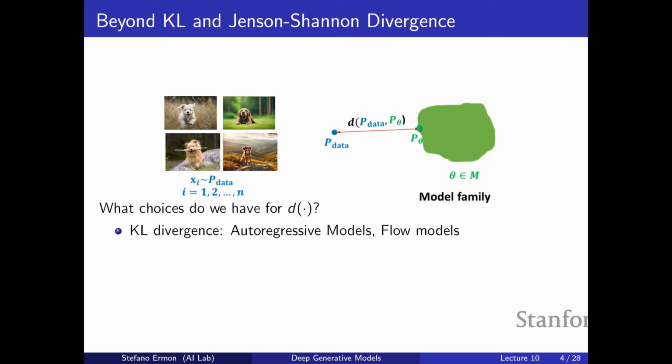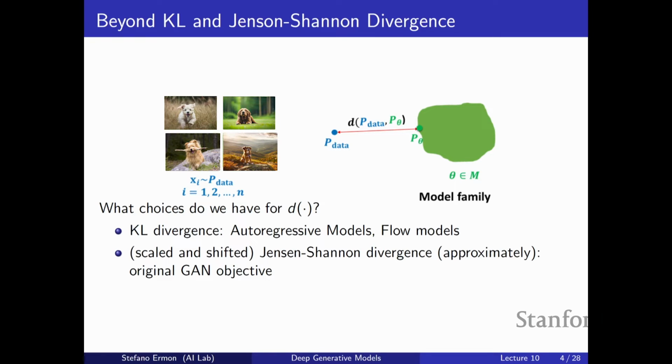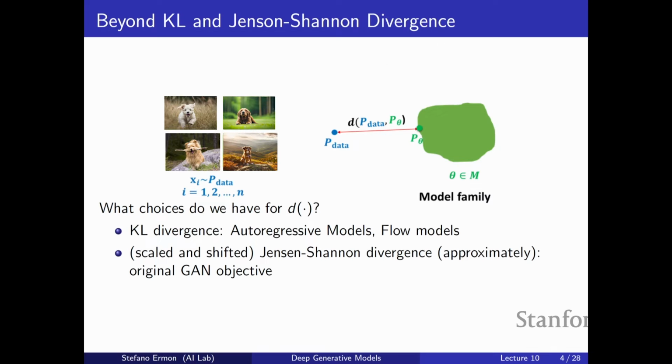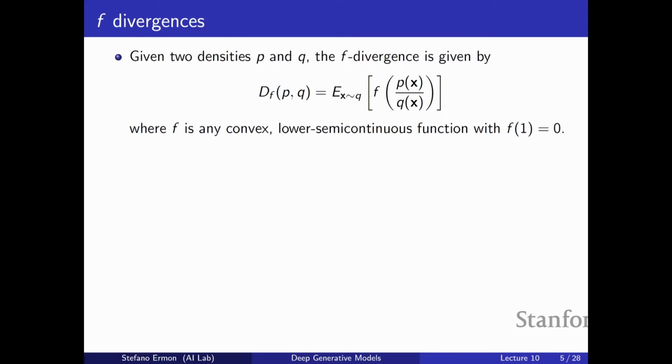And we know that that's optimal in a certain sense. We've seen that to some extent, you can optimize the Jensen-Shannon divergence through the GAN objective. And what we'll see today is that you can actually optimize a broader class of divergences that are called the f-divergences. And an f-divergence is defined as follows.